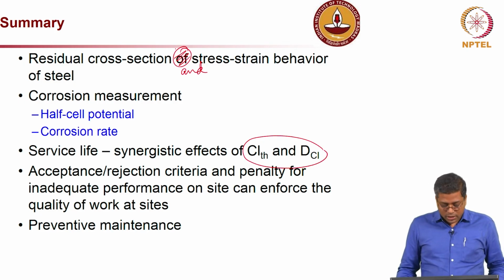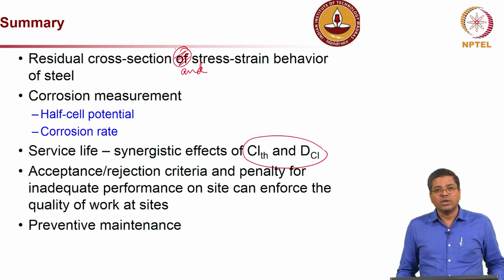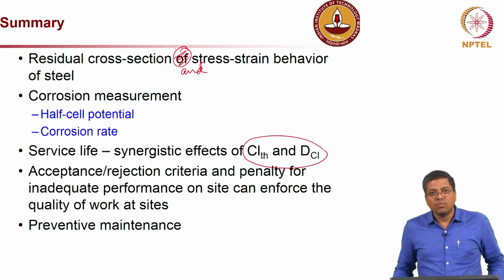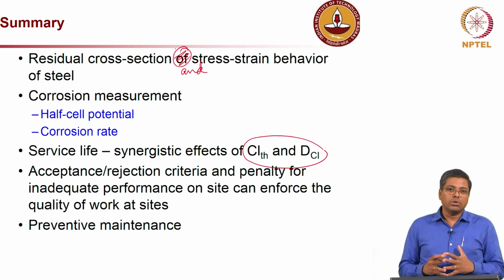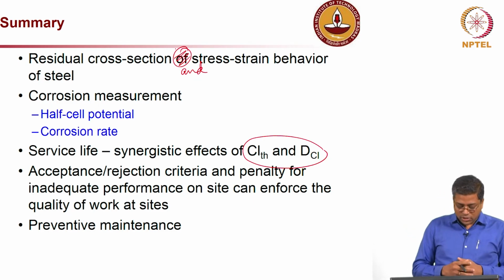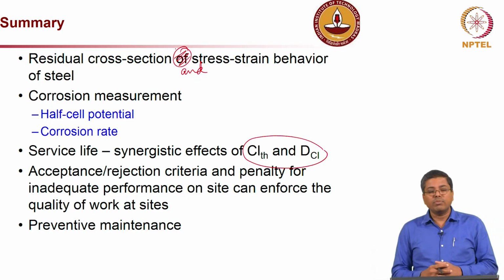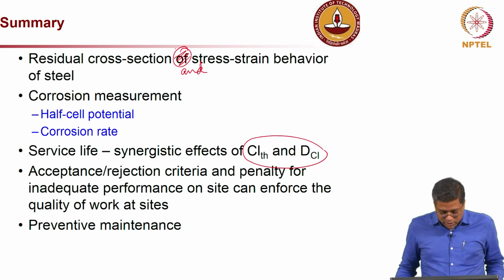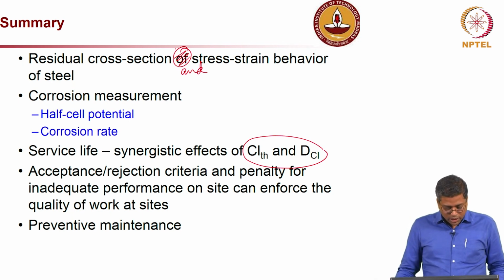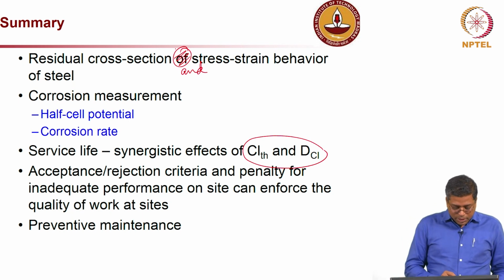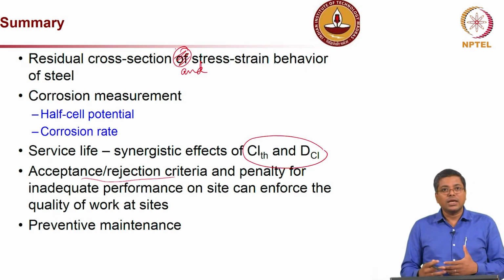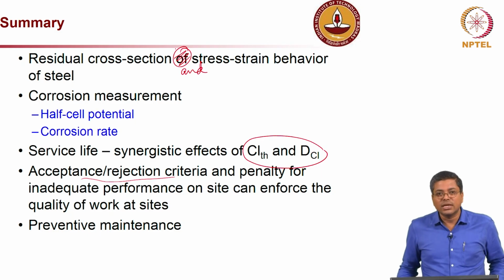Do not make judgment or selection of materials based on either one of them. You have to look at both chloride threshold and diffusion coefficient and how the combination influences the service life, and then choose appropriately.